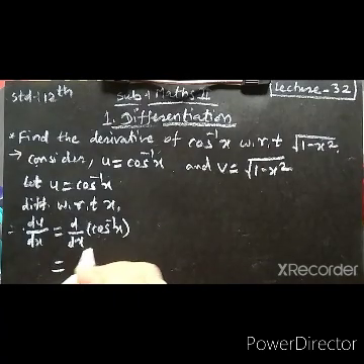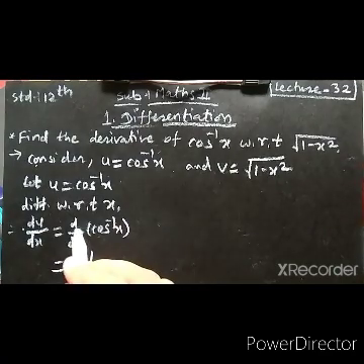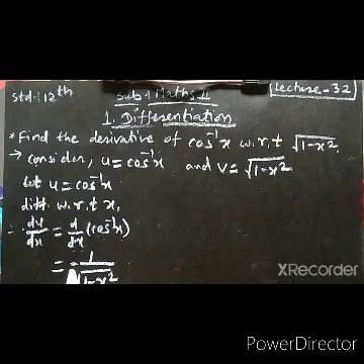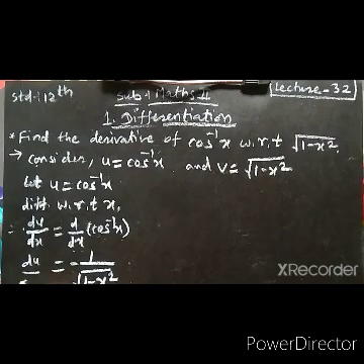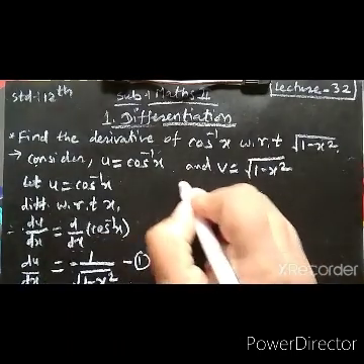But we know that the derivative of cos inverse x is minus 1 upon root 1 minus x square, and again the derivative of x with respect to x, that is dx upon dx, that is 1. So we got du by dx is minus 1 upon root 1 minus x square. We call this equation number 1.